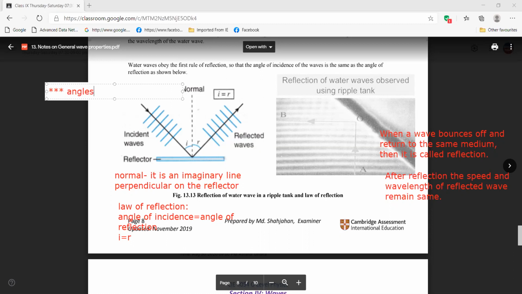Angles are always measured from the normal.